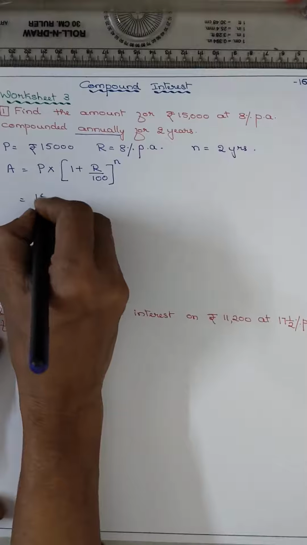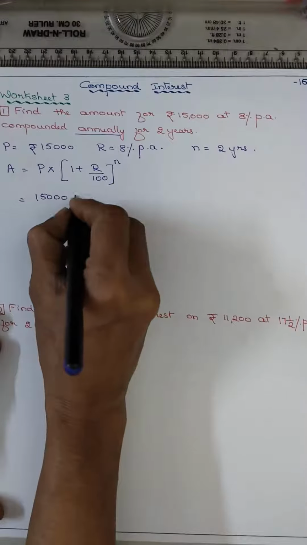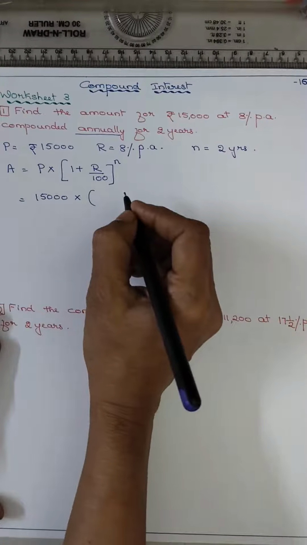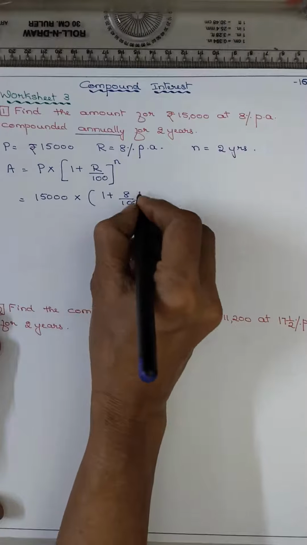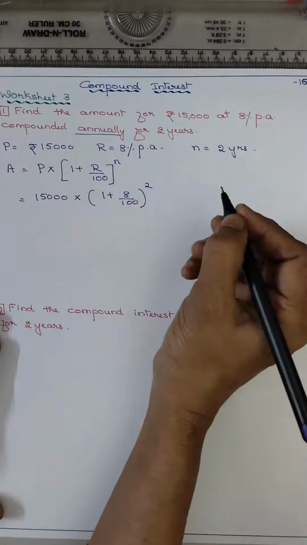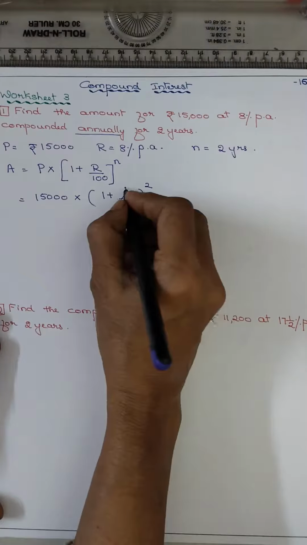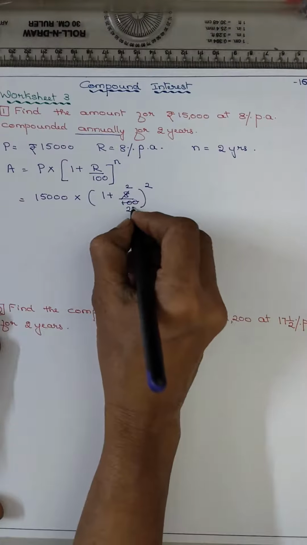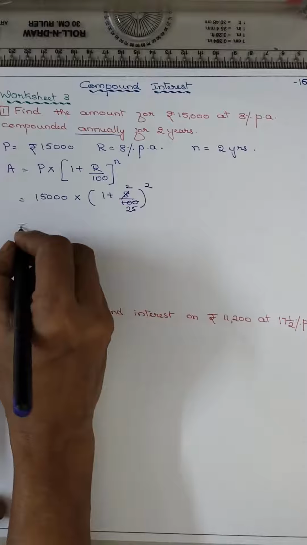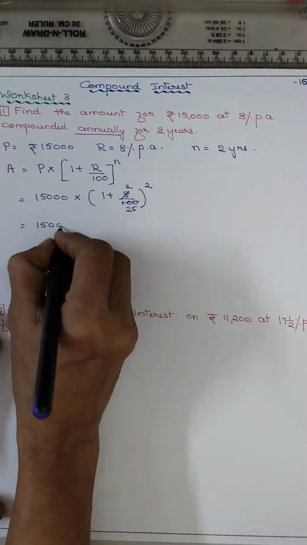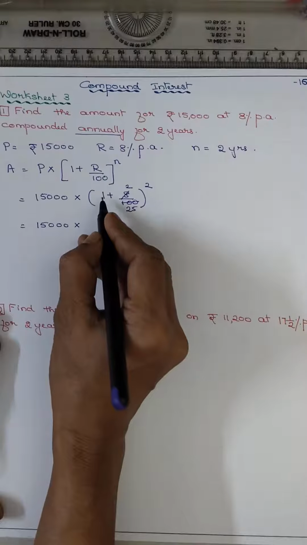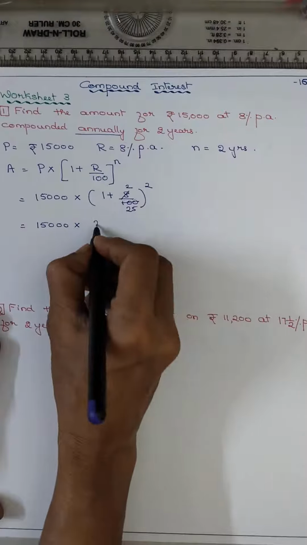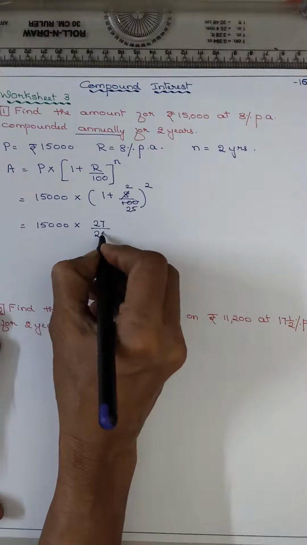It is 15,000 into 1 plus 8 upon 100 the whole raised to 2. 4 2s are 4, 25s are 100. So it became 15,000 into 25 plus 2 is 27 upon 25.